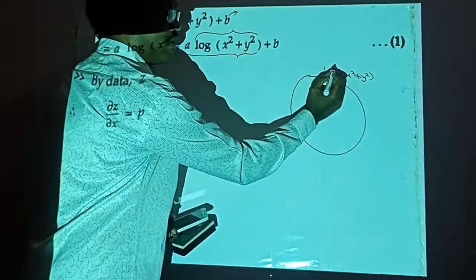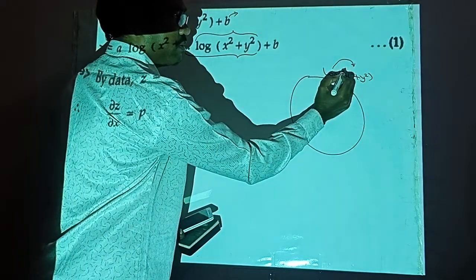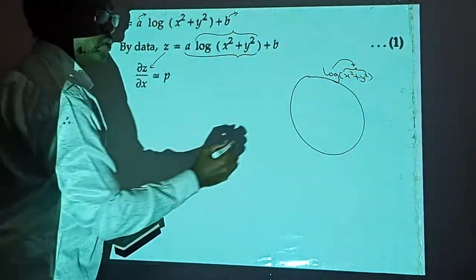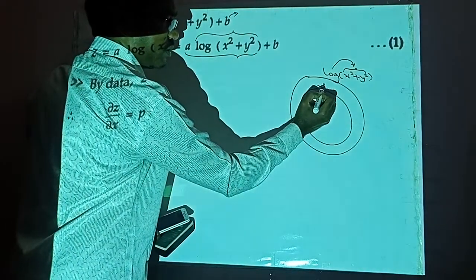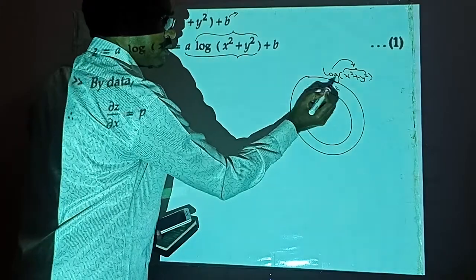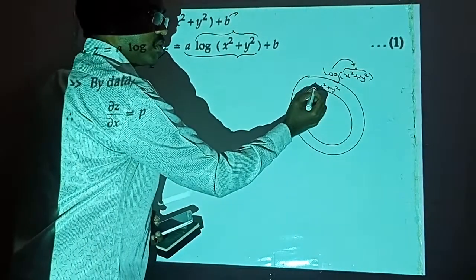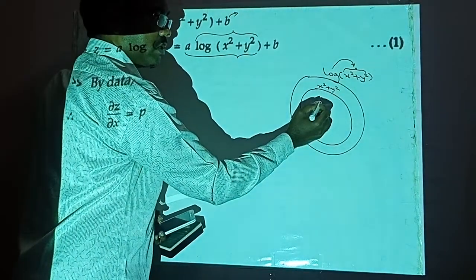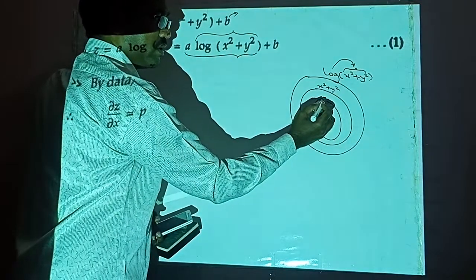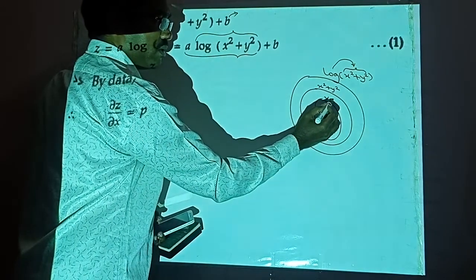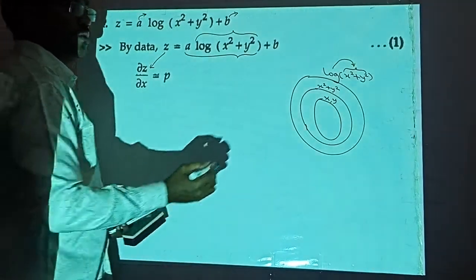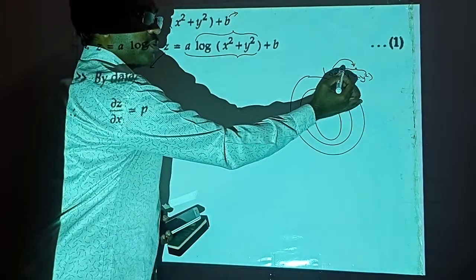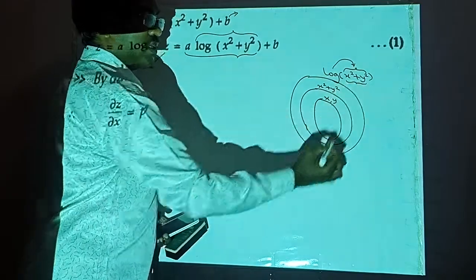So what we have? Log depends on x square plus y square. But this x square plus y square is then depending on x and y. So we differentiate log with respect to x square plus y square.